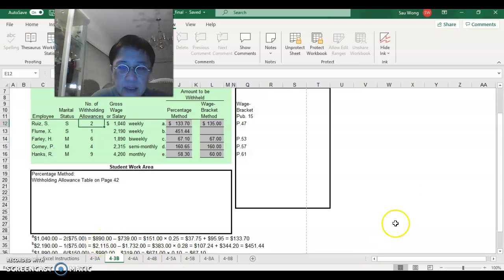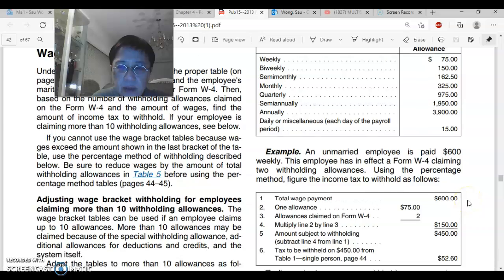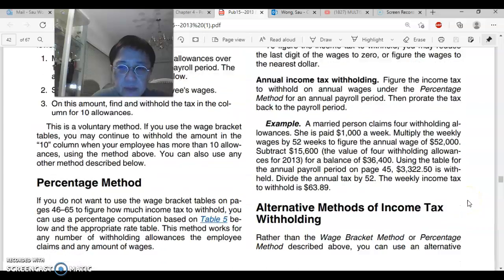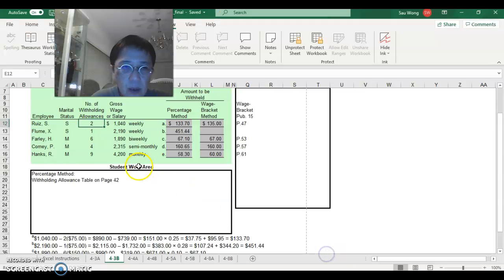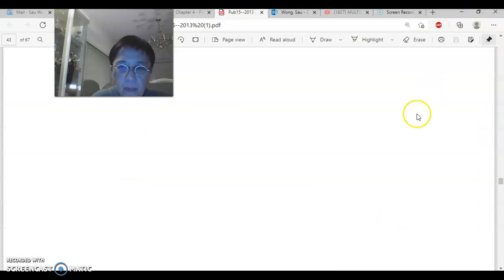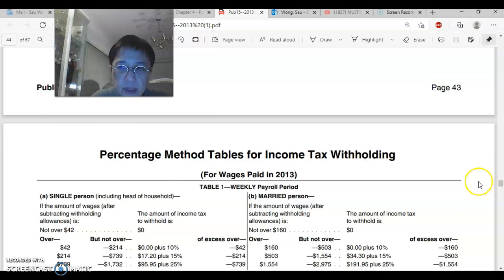And how do we calculate the rest? Okay, 890 minus 739. How did we get the 739? It is from the single and weekly payment table.